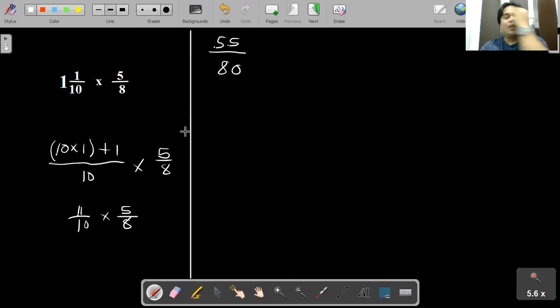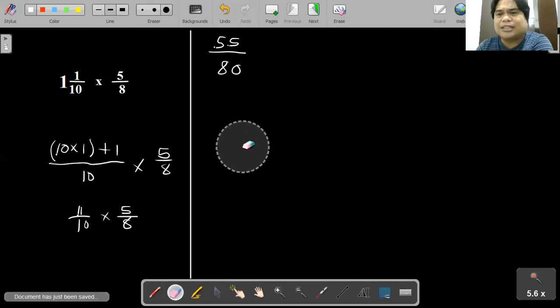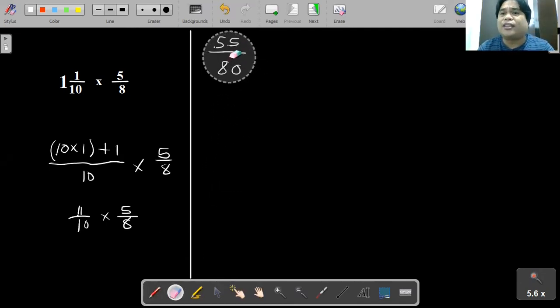But our final answer is not just 55 over 80. You still have to simplify it so that the resulting answer is in the lowest term. So that you don't have to deal with big numbers, let's go back and try another technique.